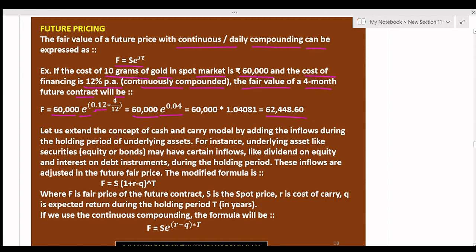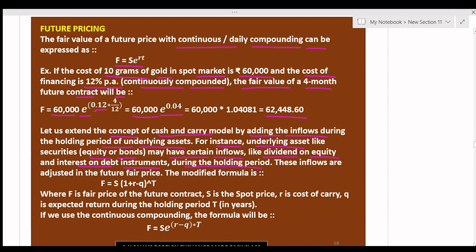Now let us extend the concept of the cash and carry model by adding the inflows during the holding period of the underlying asset. For instance, underlying assets like securities, that is equity or bonds, may have certain inflows like dividend on equity and interest on debt instruments during the holding period.